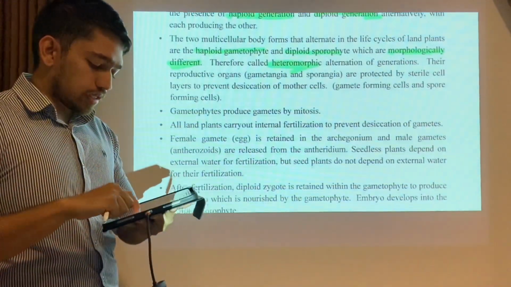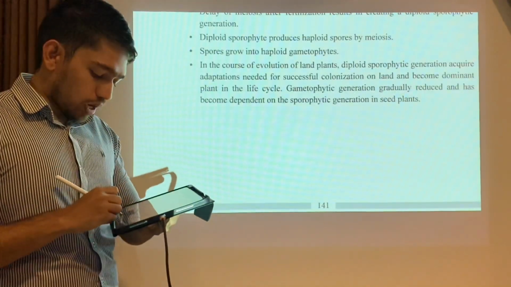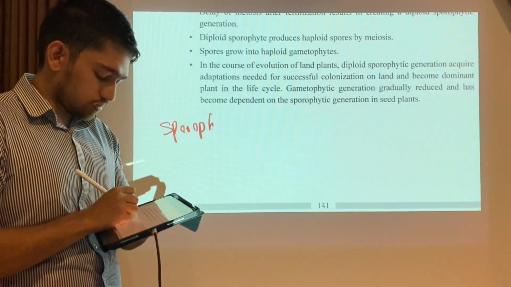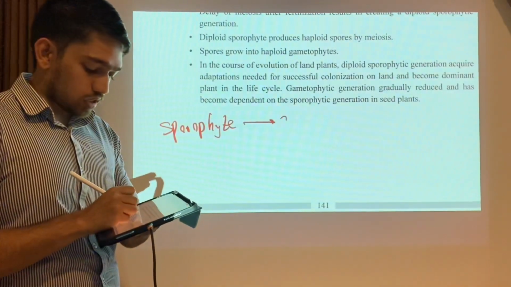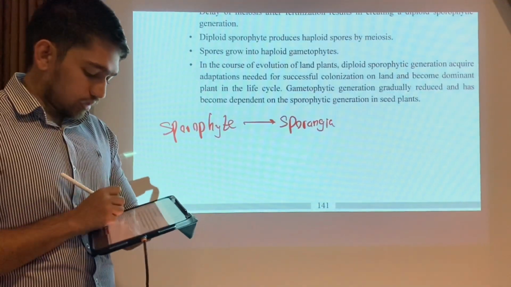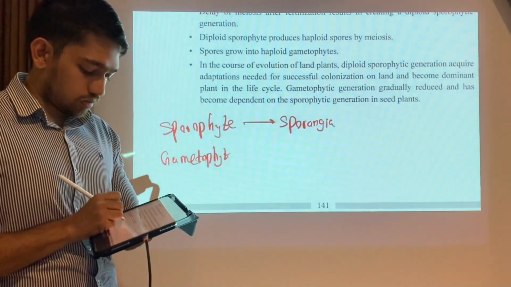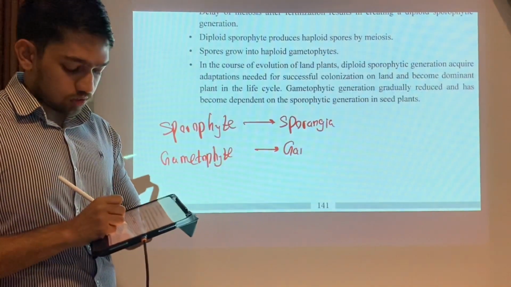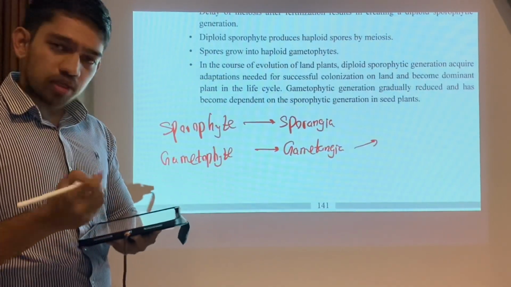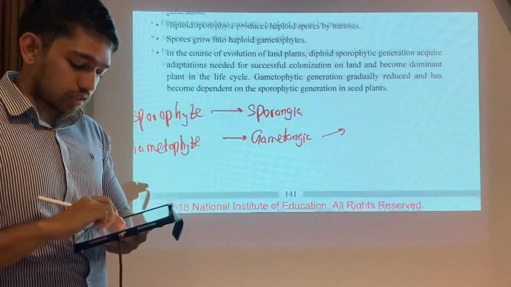And then there's another set of terms that we have to know. The reproductive organs of your sporophyte are known as sporangia, right? And the reproductive organs of your gametophyte are known as gametangia. If the gametangium is male, that is going to produce male gametes, it has a separate name.